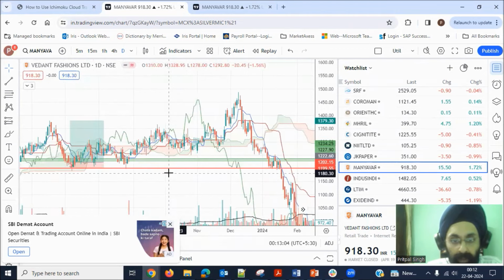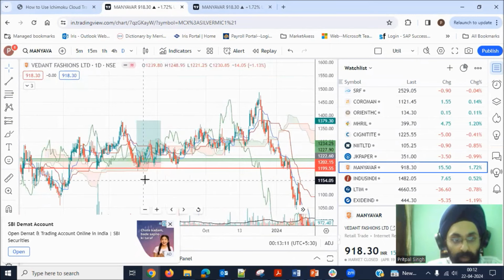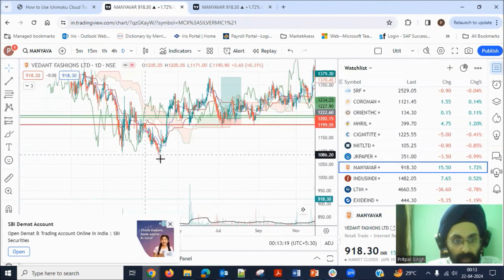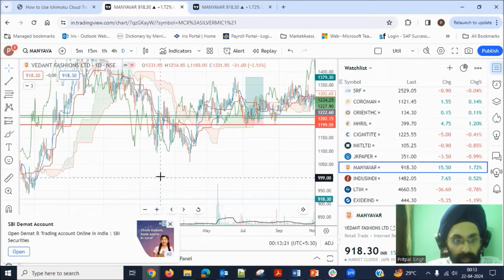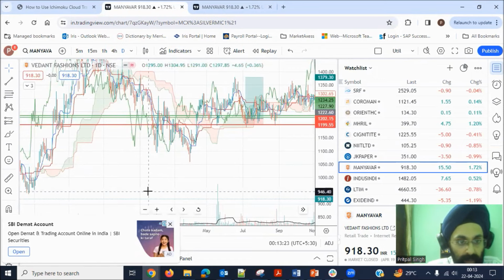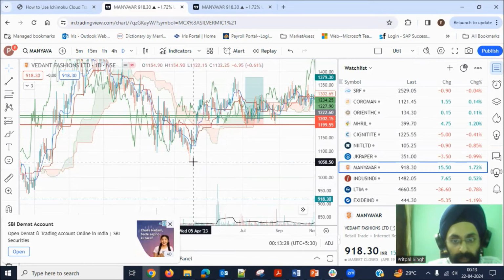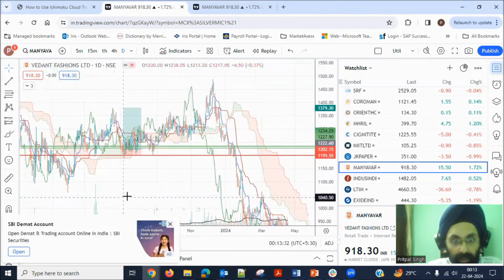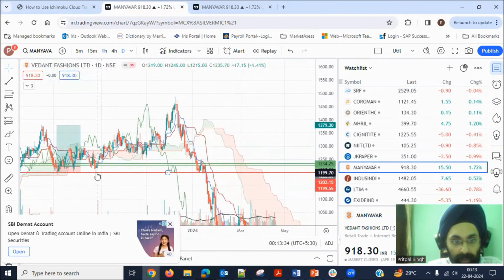You have to go back and see which were the previous lows. So this was one of the previous lows, and if you go back after that, the next low was somewhere here, and if we go back further, then there is another low, 953, 1058, and this one.